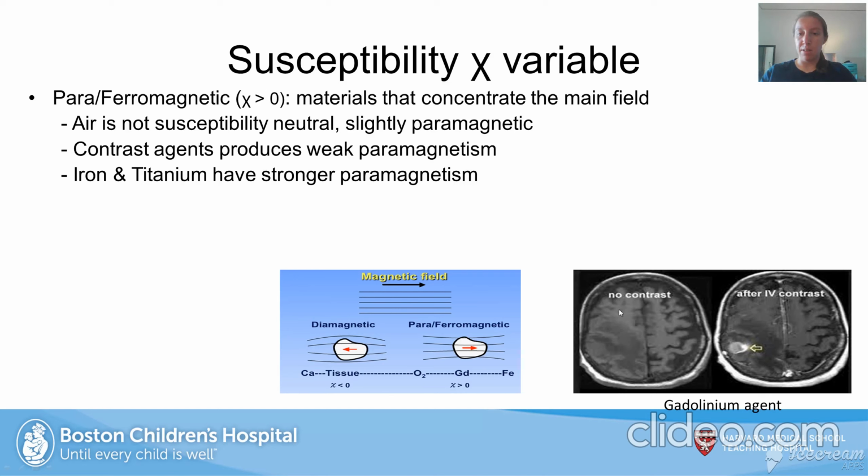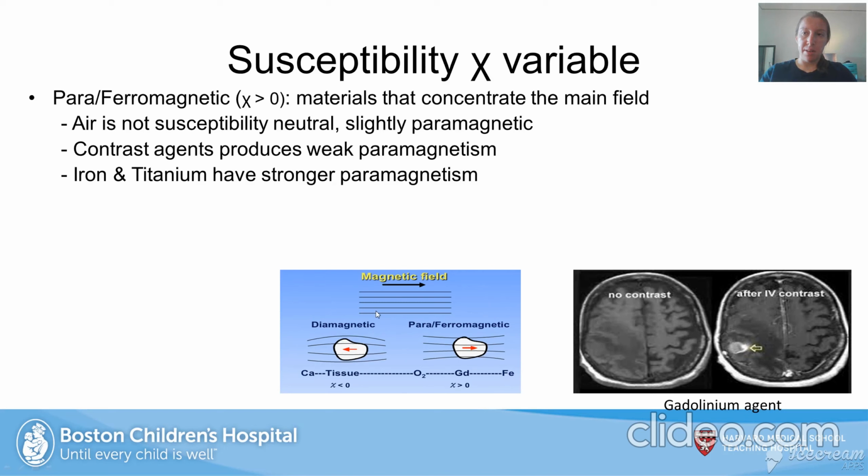Here I'm showing no contrast, and then after IV contrast, which is the gadolinium agent, you'll show some pulse pileup here. Then you have iron and titanium that have stronger paramagnetism. Something like a shoulder prosthesis made of titanium will have a stronger ferromagnetic property, so the chi value will be much greater than 0.